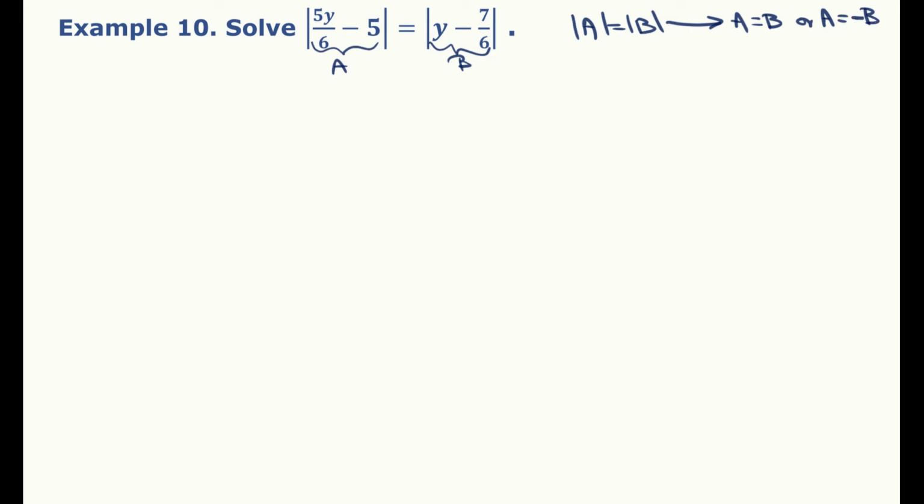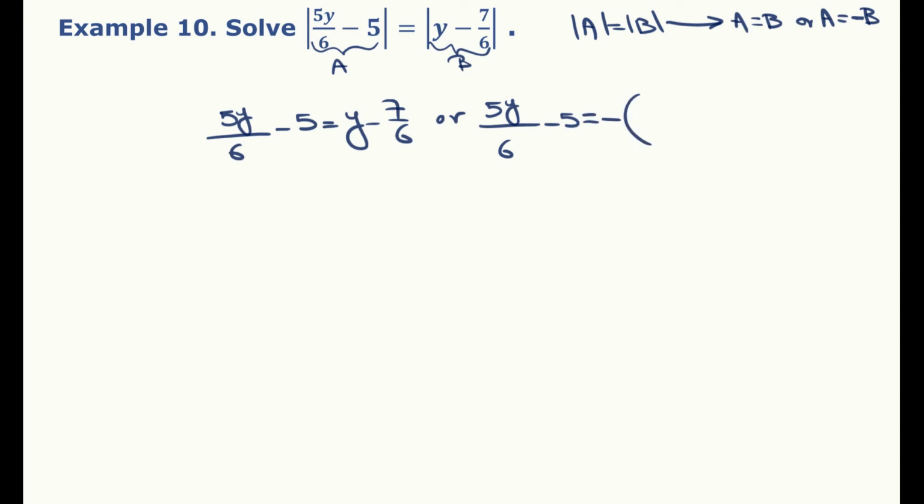So we have either 5y over 6 minus 5 is equal to y minus 7/6, or 5y over 6 minus 5 is equal to the opposite of y minus 7/6, right?